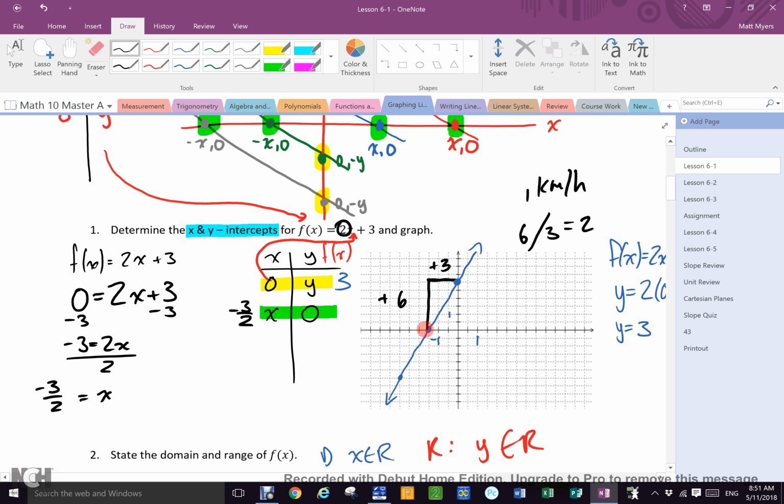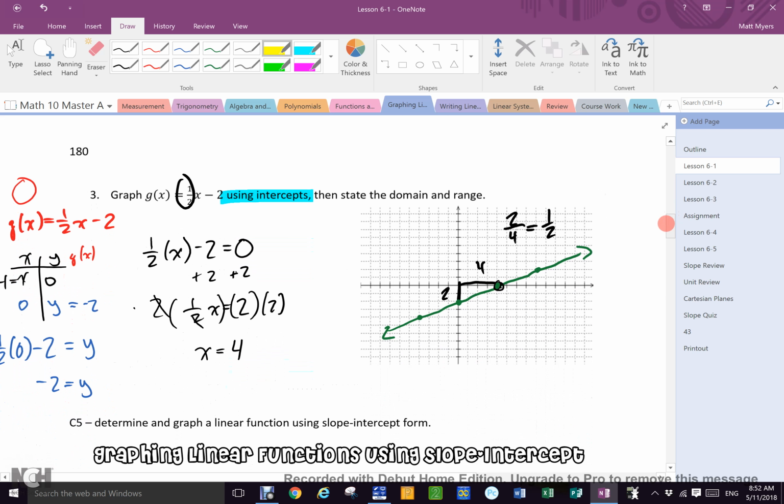What was that intercept? That was -3/2, correct? What was that intercept? 3. What do you got there? 3. That intercept was 4. What was that intercept? What kind of 2? What do you got right there? -2.